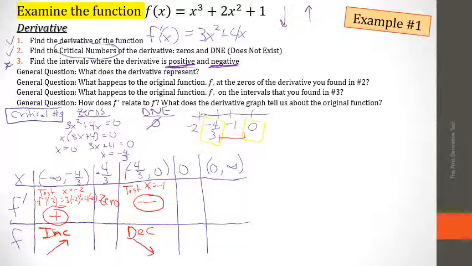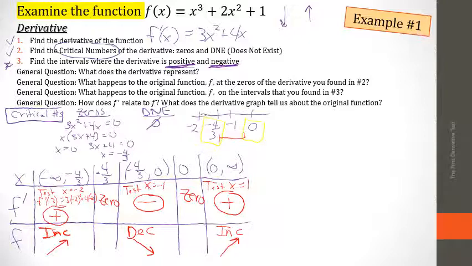It's going down. That's why your slopes are negative. And then at 0, the derivative is 0. And let's see. From 0 to infinity, I think a good tester value would be x equals 1. That's the easiest thing to do. And it turns out that that is a positive value. So that means your original function is increasing or going up.